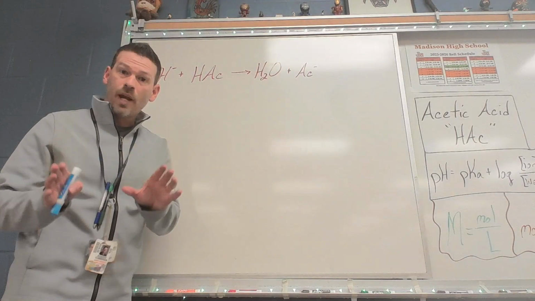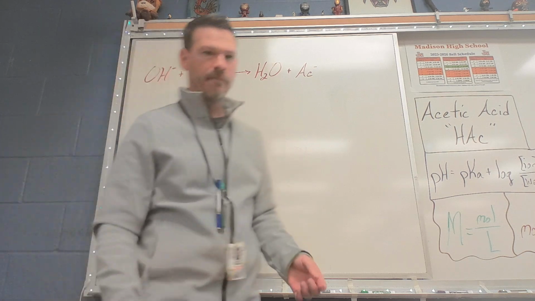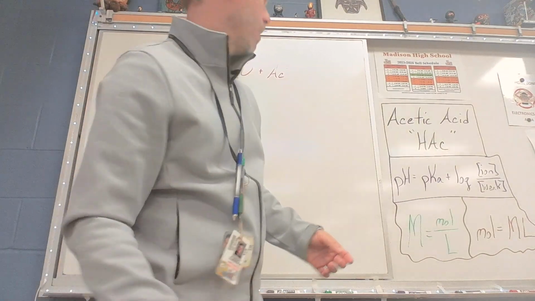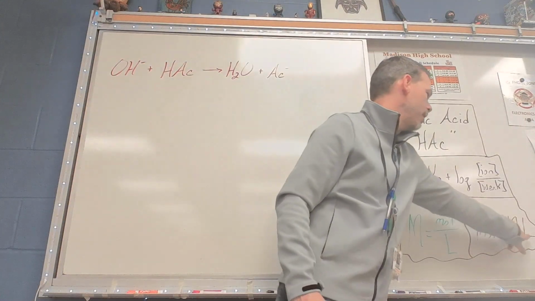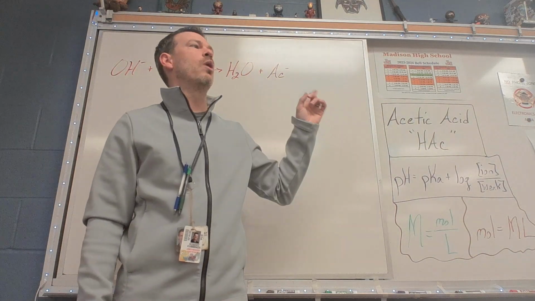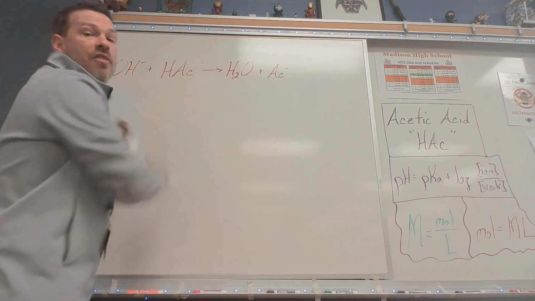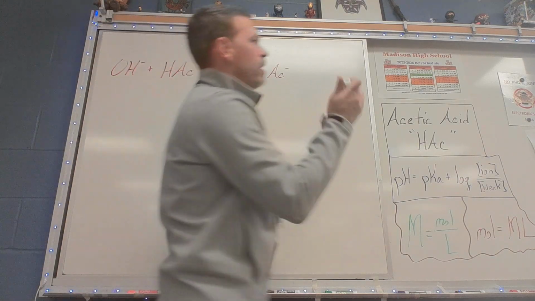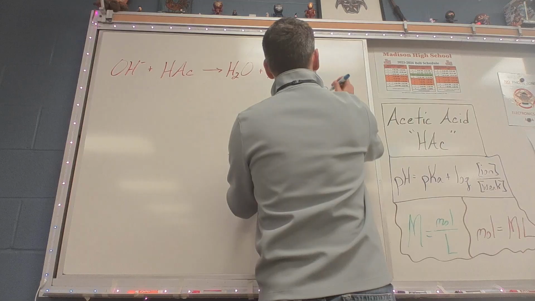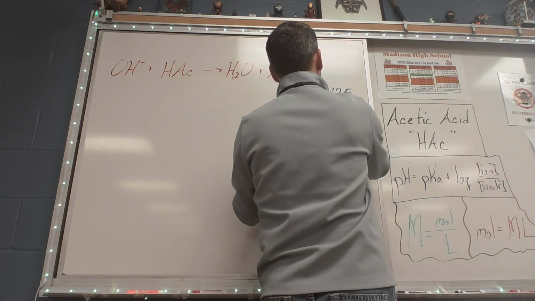To find the winner, we need to compare moles. How do we find moles? Moles is molarity times liters. Now, if you look at this problem, what is true about the volume and the molarity of both of these items? They're the same. So you need 0.125, that's the liters, times 0.5.